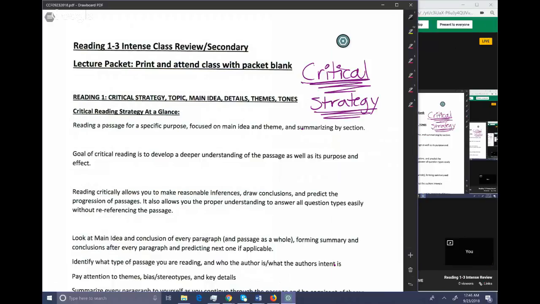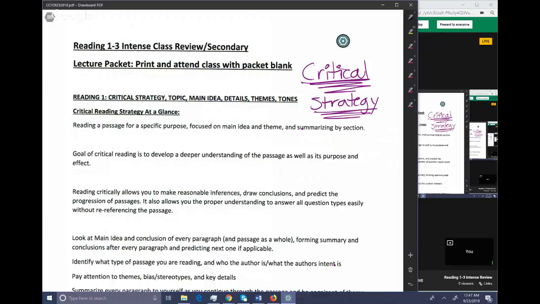When I take the test, I absolutely promise you anything that is passage-based, I use my critical strategy. I use my scratch paper to outline it. And I can also absolutely promise you it does not take me an extra second to do that.